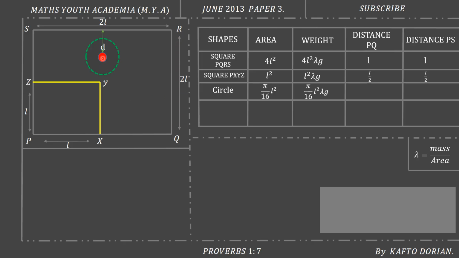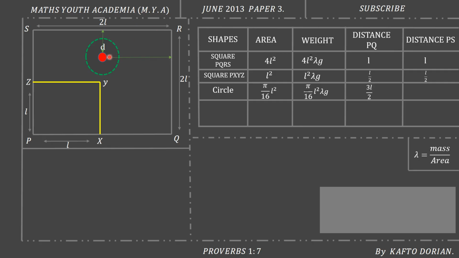If I want the distance from the center of the circle to PQ, I simply have 2L minus L/2, which gives 3L/2.